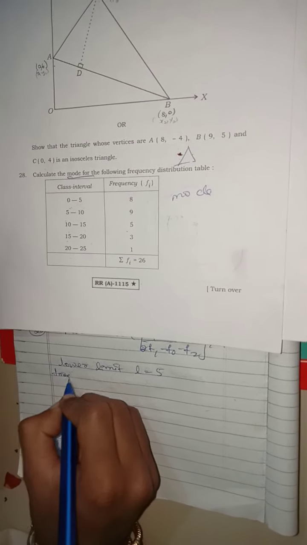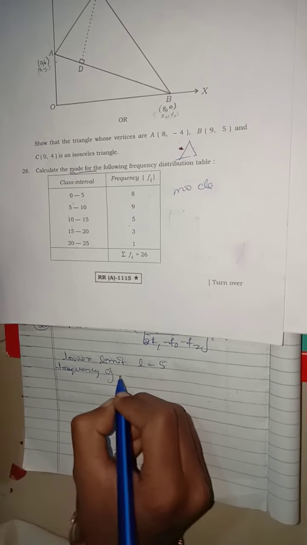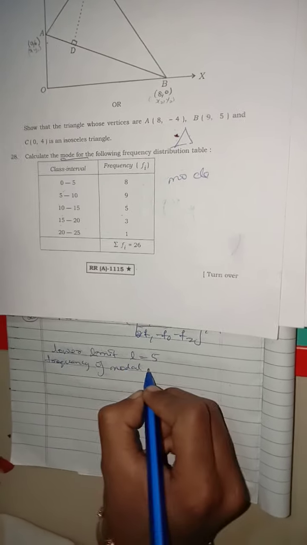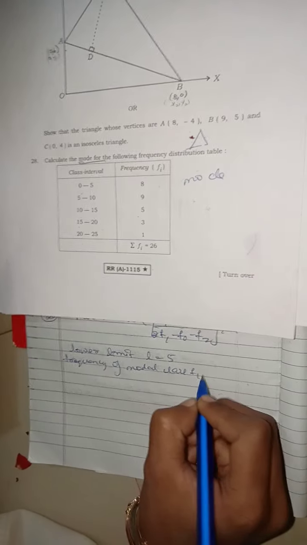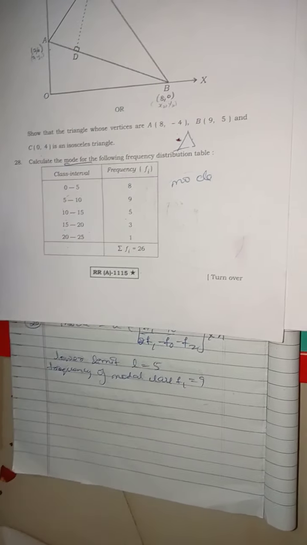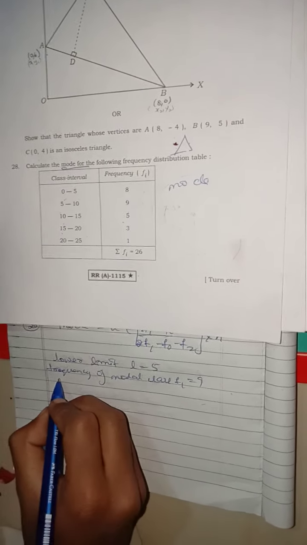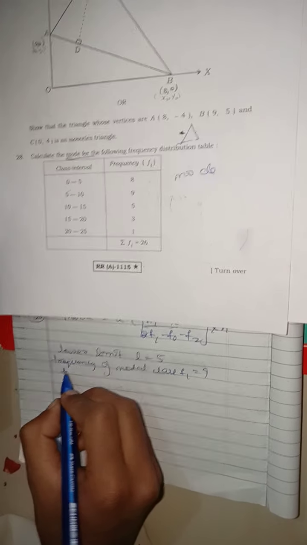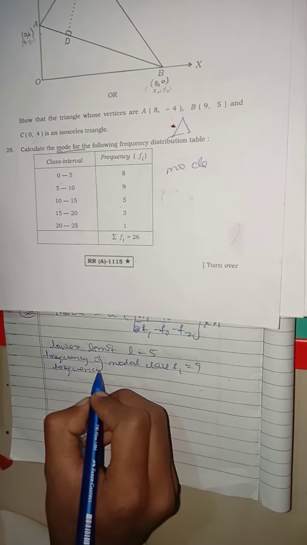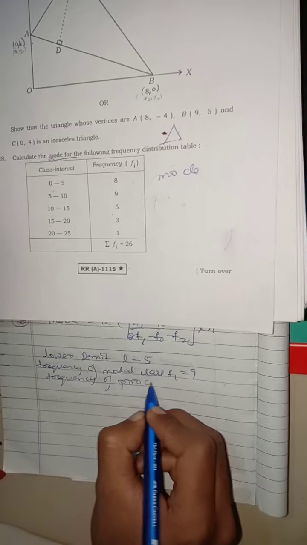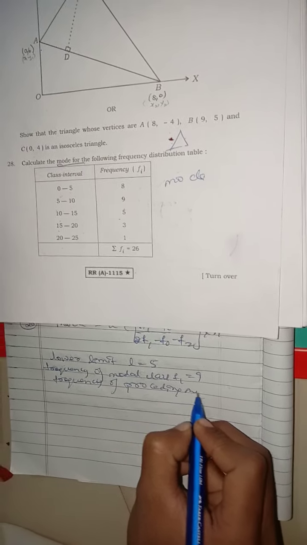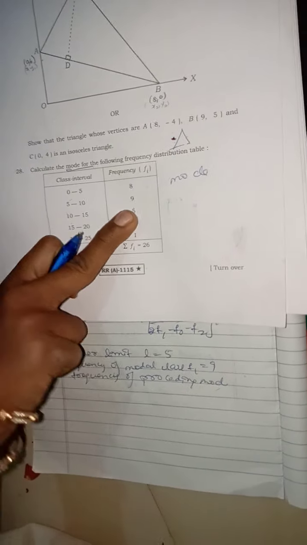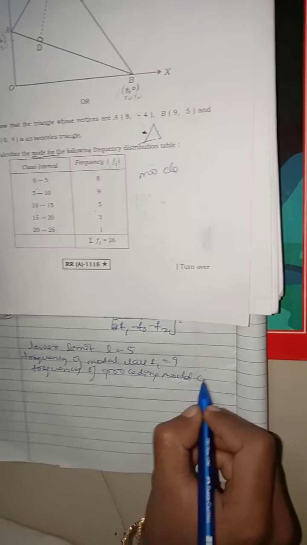Then the frequency of the modal class, F1, is 9. And then the frequency of the preceding modal class, the previous one, is 8.